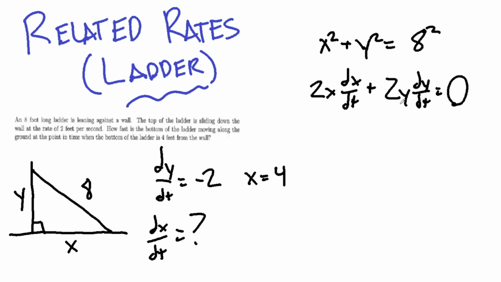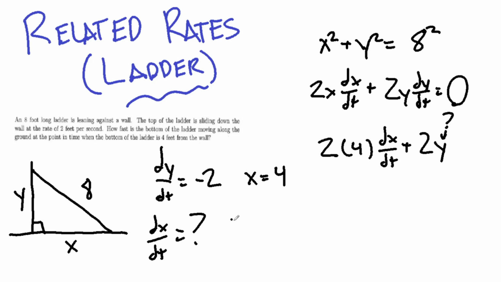So now what we can do is plug in all of our values to find what we need to find, which is dx/dt. So 2 times x, which is 4, times dx/dt, plus 2 times y, which we don't know what y is.